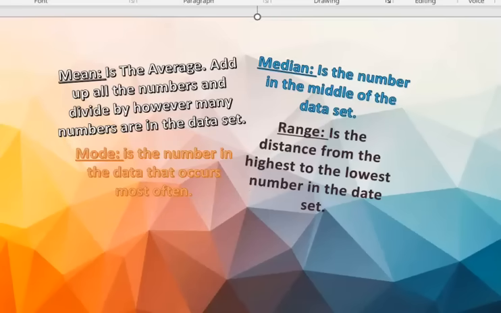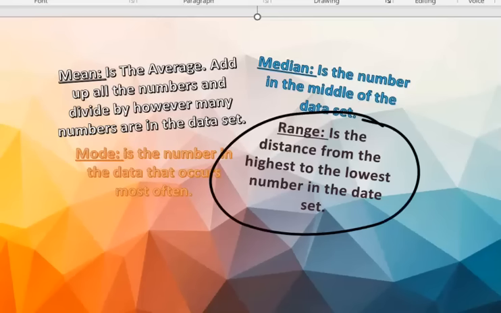The range is the difference or the distance from the highest number in the data set to the lowest number in the data set. So if the highest number in the data set was 40 and the lowest number was 20, then the range would be 20, because it's going to be 40 minus 20. So it's just the difference. You're subtracting the smallest number from the largest number, and that's how far apart they are.